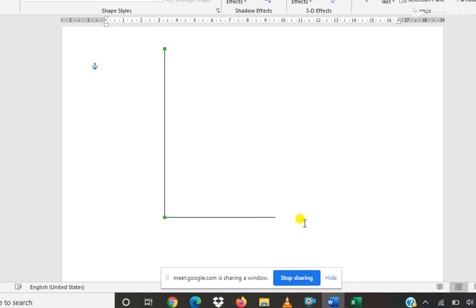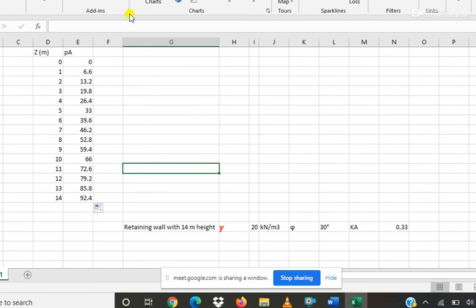The X-axis will represent the values of earth pressure and the Y-axis will represent the depth of the soil from the backfill surface.